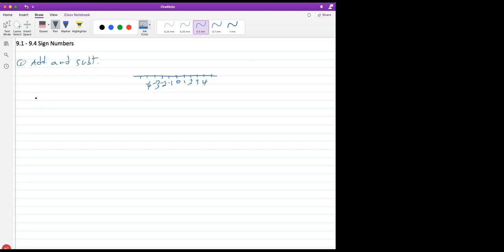So when you see 5 take away 2, no big deal, we know that's 3. But when you see something like negative 1 plus, let's say, 3, what's negative 1 plus 3? 2.